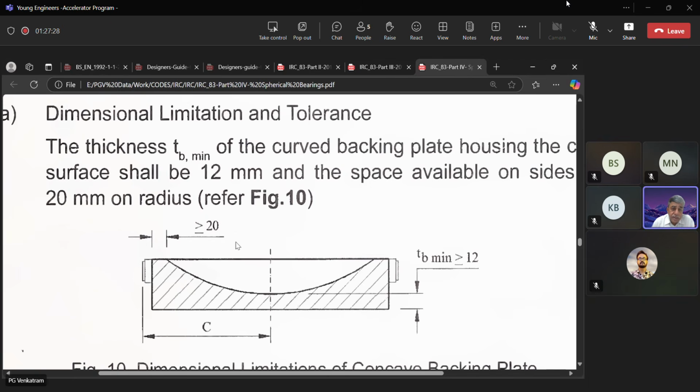So what will happen is the convex surface will be touching this concave surface at selected points, because of the fact that this surface has bent under the first action of loading. Now what happens if it is touching at selected points instead of uniformly everywhere? What will happen?